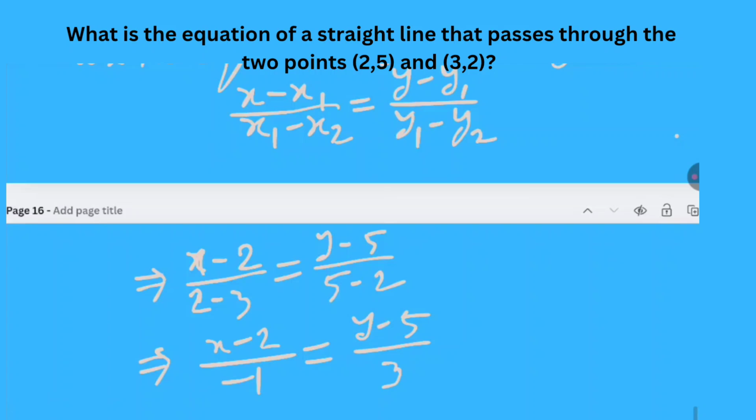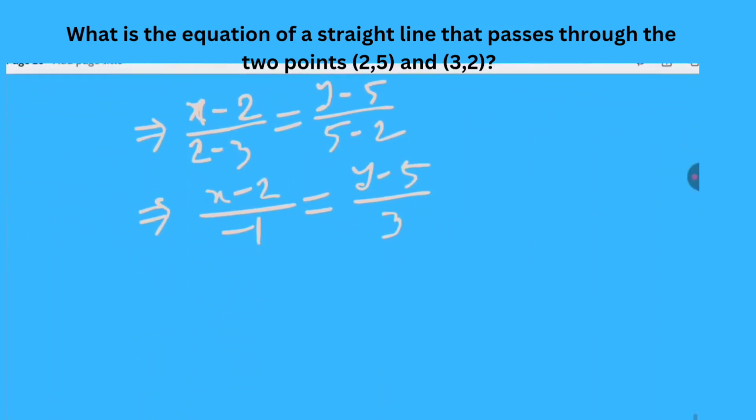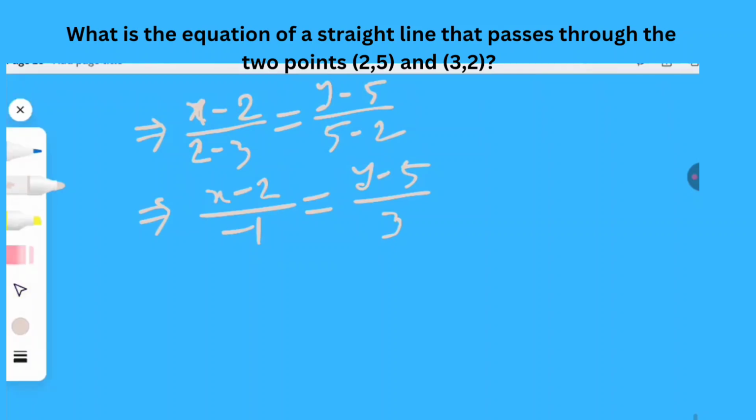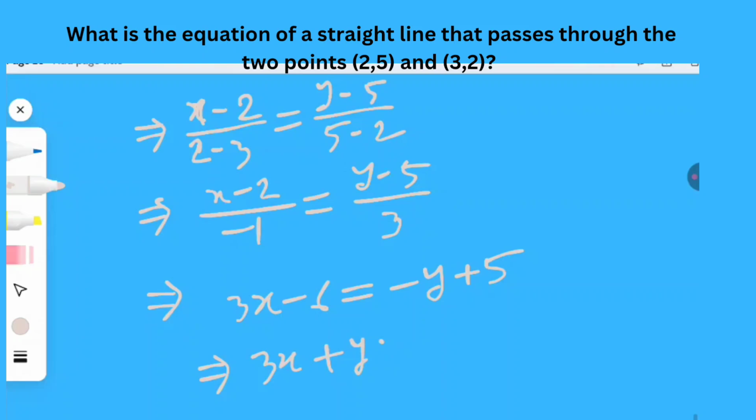So now, after cross multiplying, 3x minus 6 equals minus y plus 5, which implies 3x plus y equals 6 plus 5, equals 11.